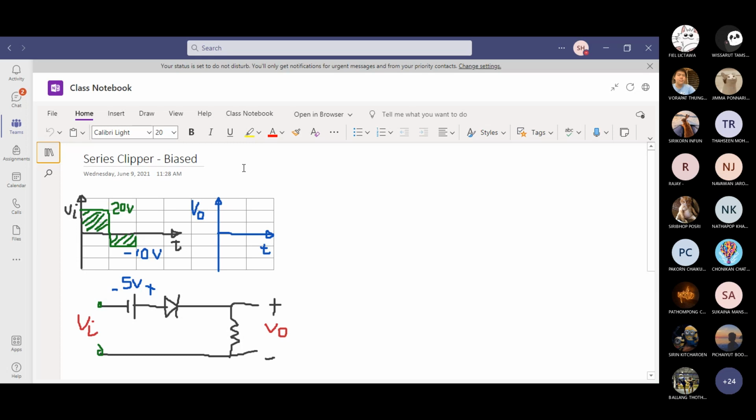Now I would like to ask students for the positive half cycle. Is Cora Witt here? I'm going from my last list. So Cora Witt, for the positive half cycle, what is the output voltage? For the V0 line. V0 or V out, yes.